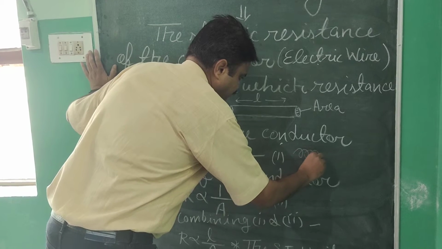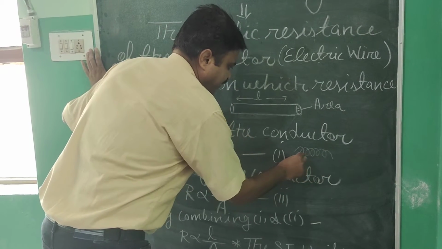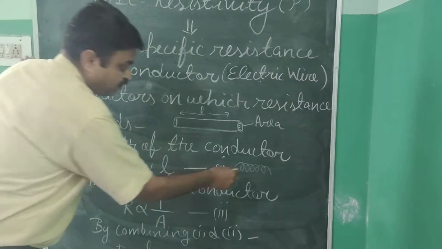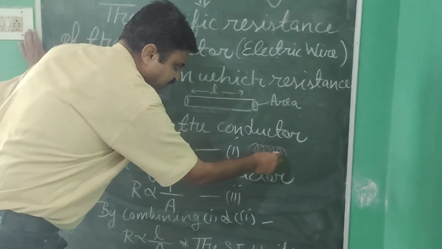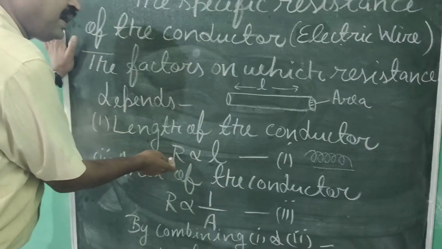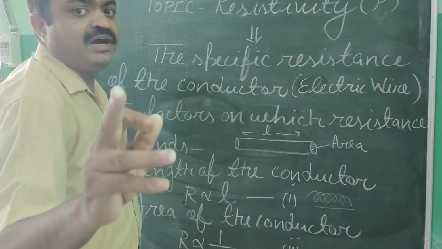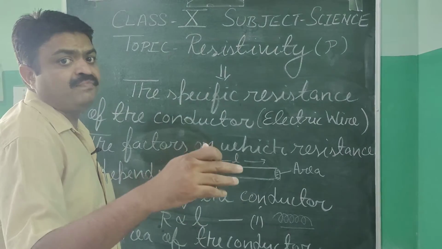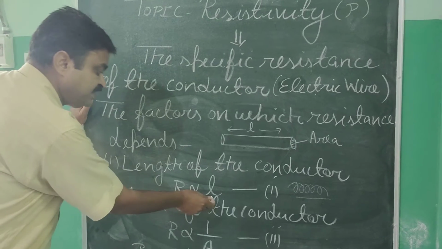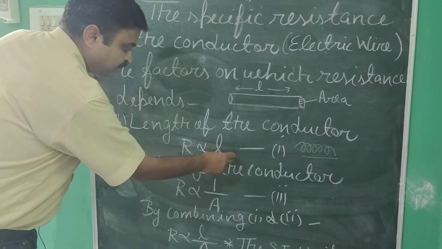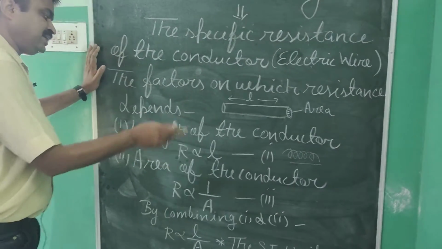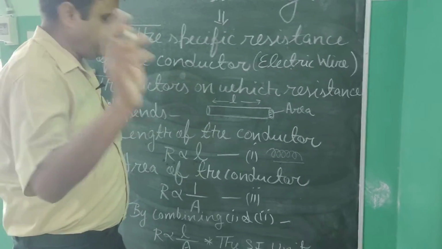The wire that is used in the heater has this type of structure. Means it has many coils or turns, and due to those turns it covers more length, and due to covering more length it has high resistance, and due to high resistance it shows a high heating effect. So resistance is directly proportional to the length of the conductor. Means if the length is increased, then the resistance will also be increased.